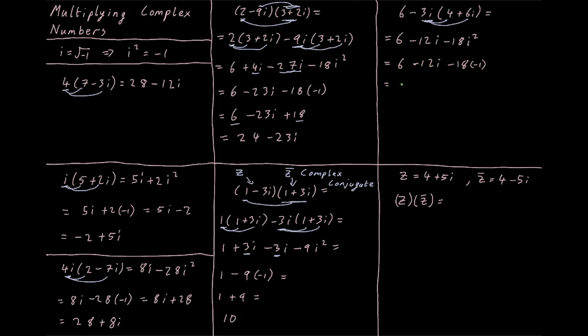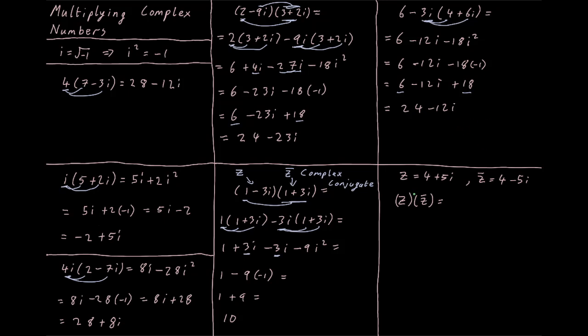So I end up with 6 minus 12i plus 18. So I end up adding my real parts, my like terms, and I end up with 24 minus 12i because I put my real part first.